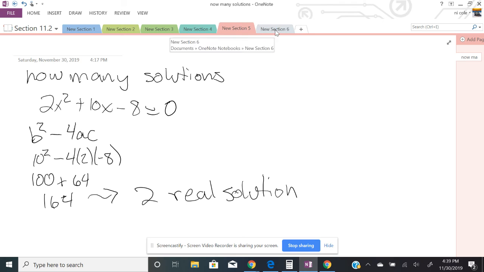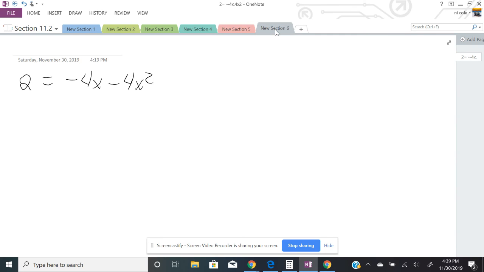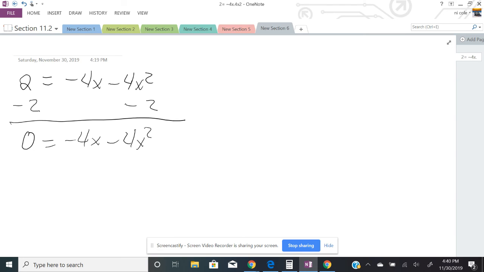Let's look at another example. How many solutions do we have here? I have to subtract 2 from both sides, because I need to make it equal to 0.